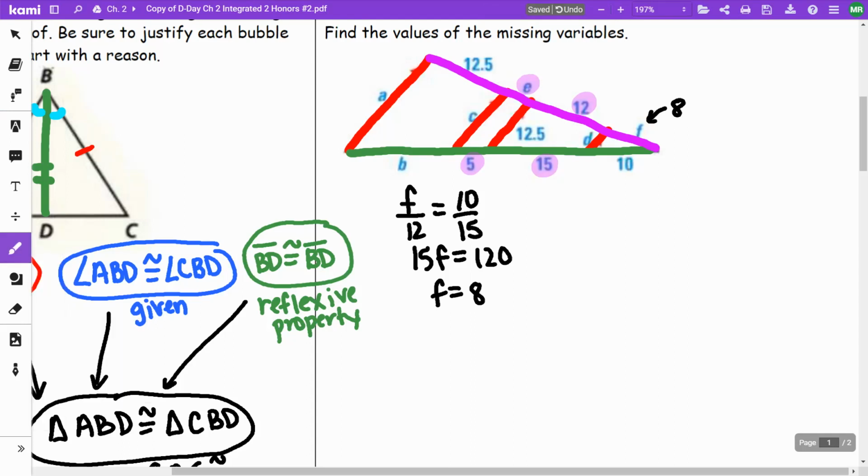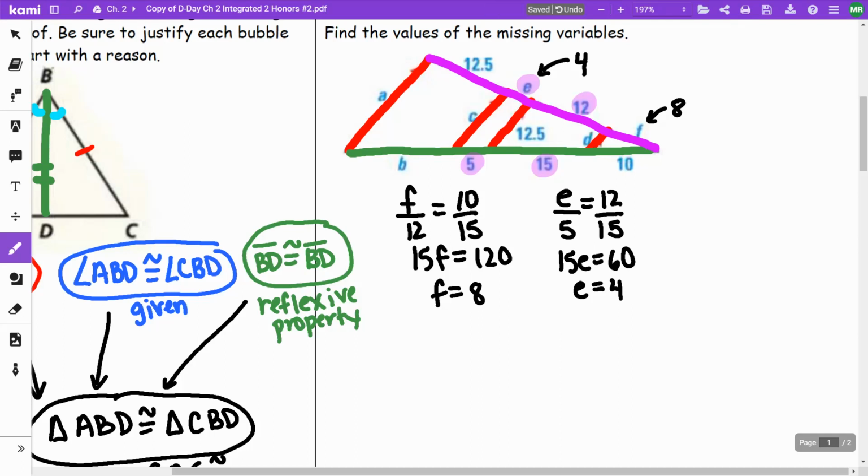I'm going to say E is to 5 as 12 is to 15. And I'm going to cross multiply and solve, and I'm going to end up getting 15E is equal to 60. So E is equal to 4. So this is going to be a 4.